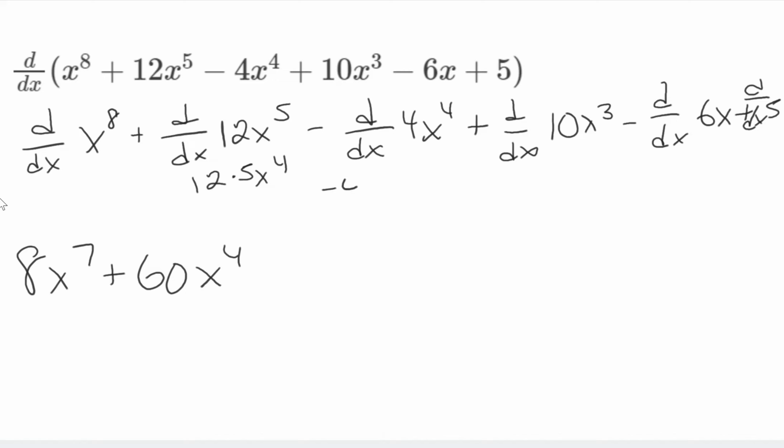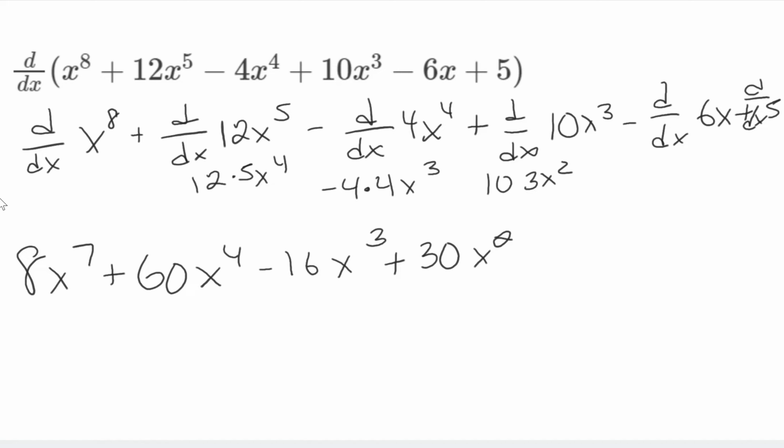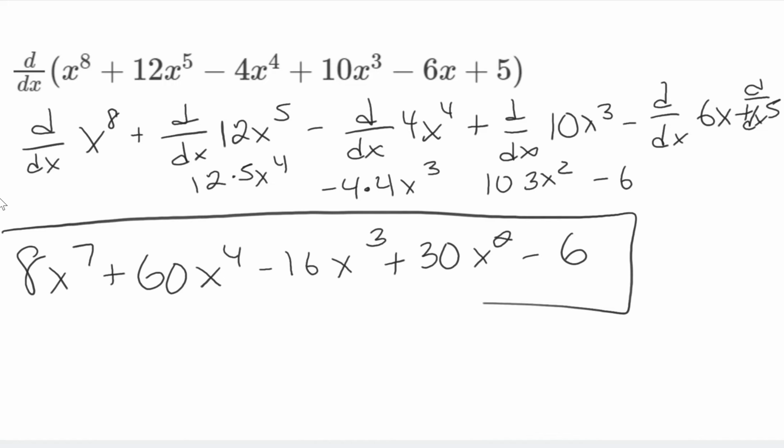Then we have negative 4 times x to the 4th, which gives negative 16x to the 3rd. Then 10x to the 3rd is 3 times 10, so plus 30x squared. Minus 6, and the x becomes what? Right, just 1. So this becomes negative 6. And what's the derivative of 5? 0. So that's my answer.